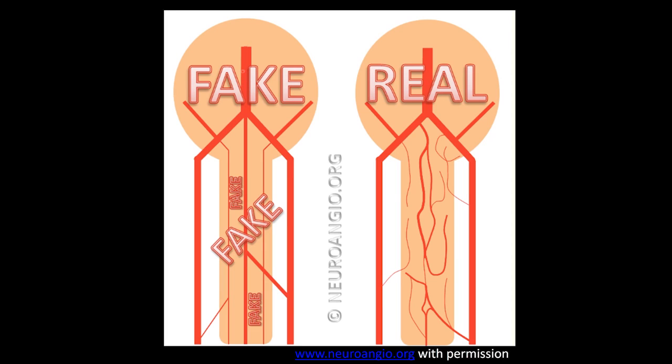Usually in drawings, these vessels are represented very straight. They tend to be straight, but not like in this drawing. In the real world, you will see the vessels a little more curved and irregular than what is described in most of the graphs that you find online.